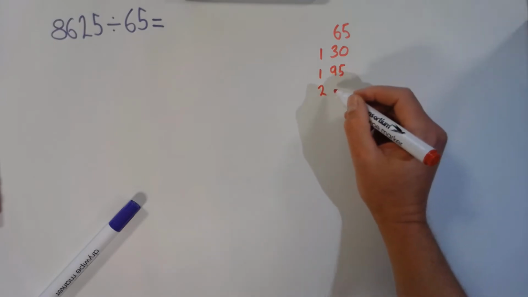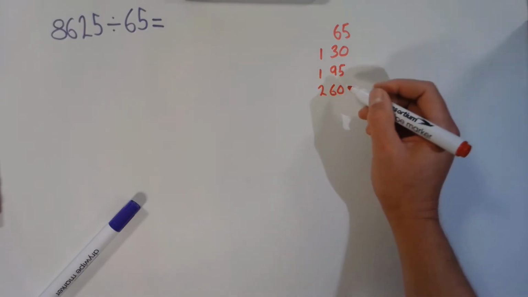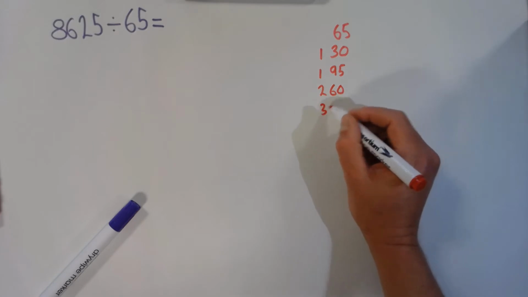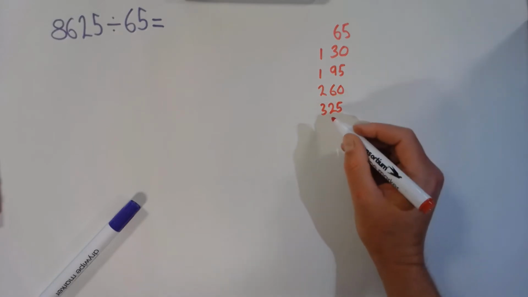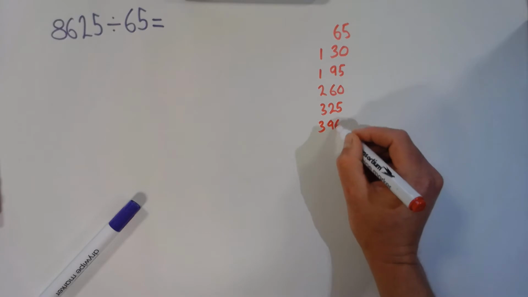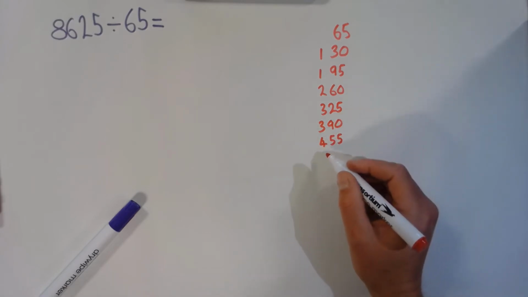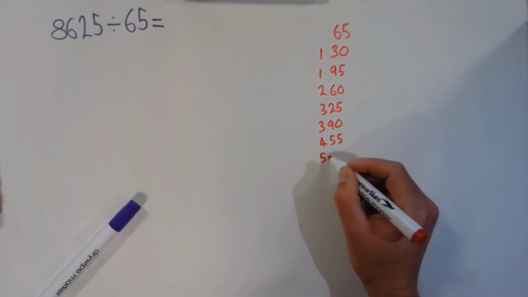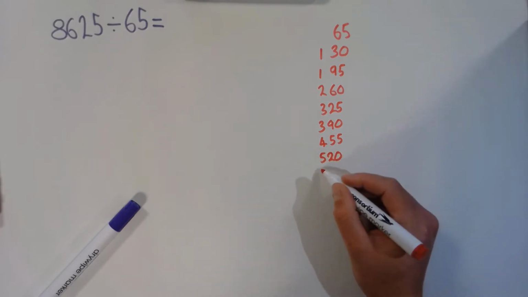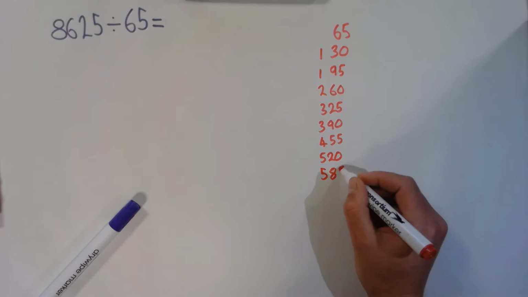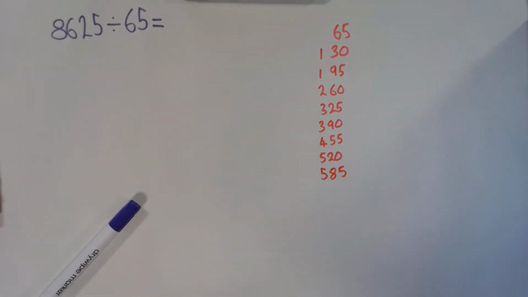I don't need to go higher than my 9s. So I'm going to go 325, 390, 455, 520, and then 585. Large times table, but we can work it out with those mental math skills.